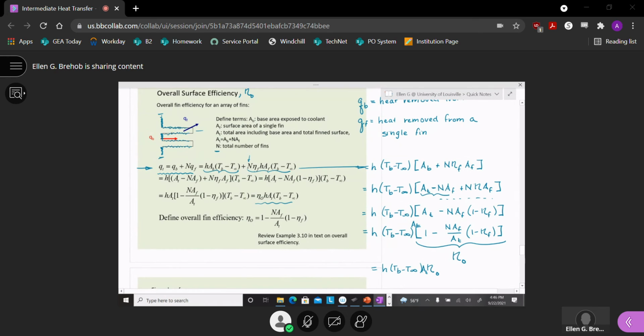The fin surfaces have some efficiency less than 1. And now you're trying to figure out how much of this surface is base area and how much is fin, and trying to come up with an efficiency to describe both this combination of base and finned area.